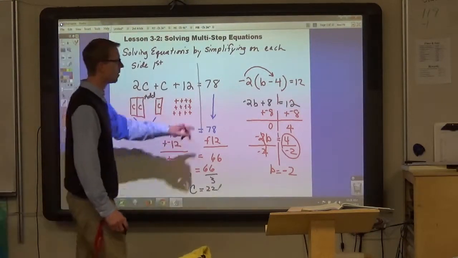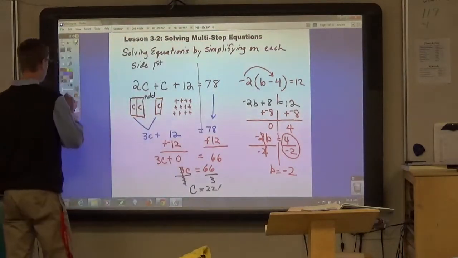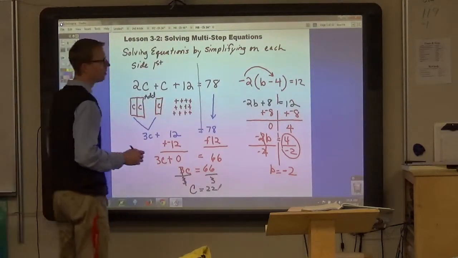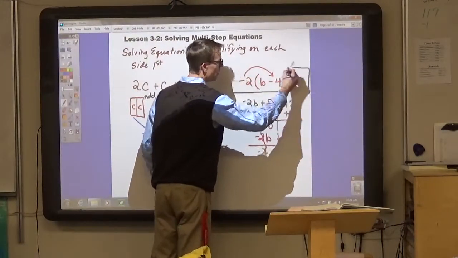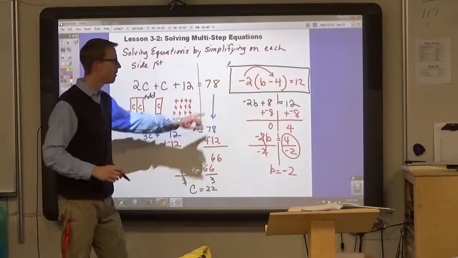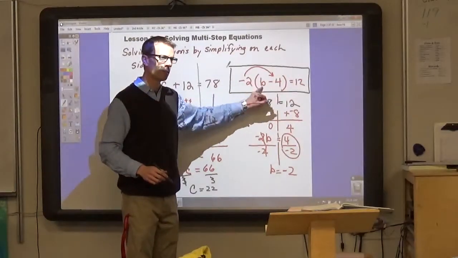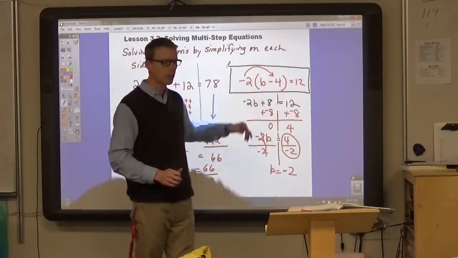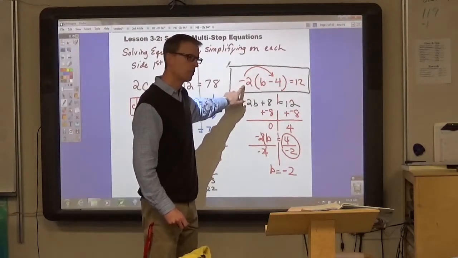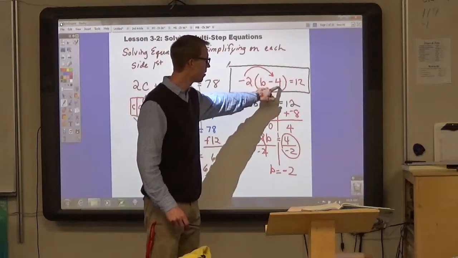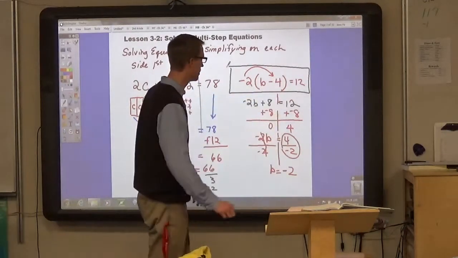Now, let's take a look at this example. This example has the distributive property in it. In other words, we have a number outside of these parentheses. And so we learned in that situation, you have to multiply this number by every other term that's inside the parentheses.